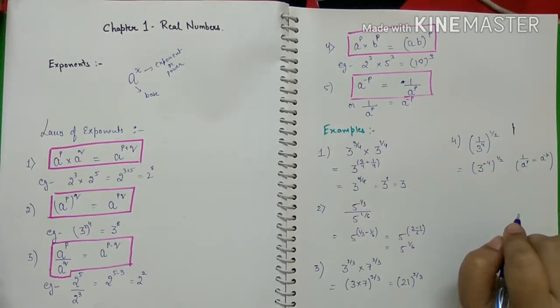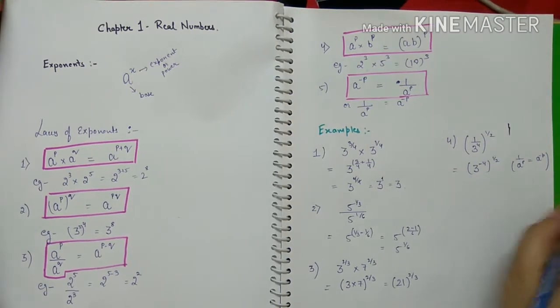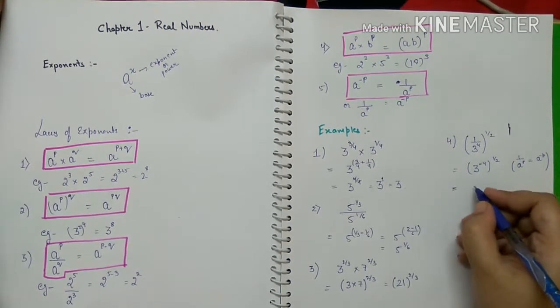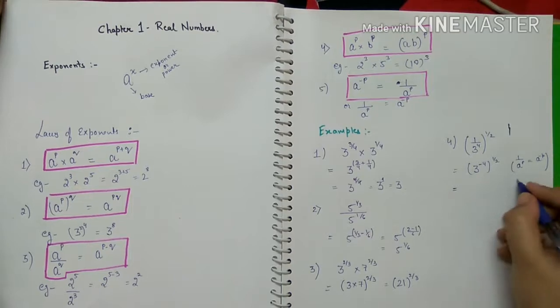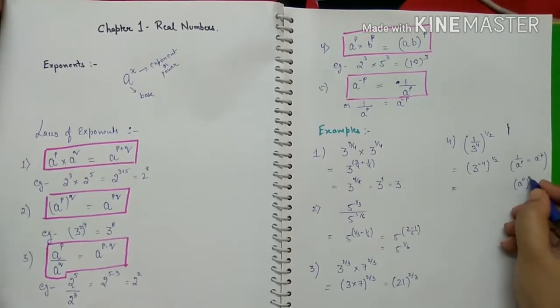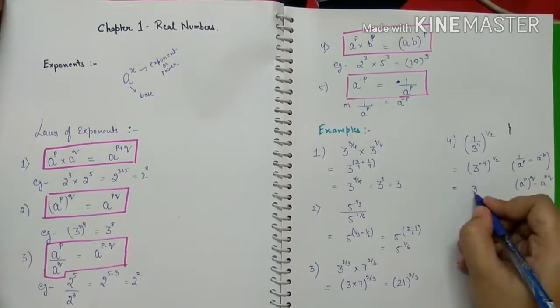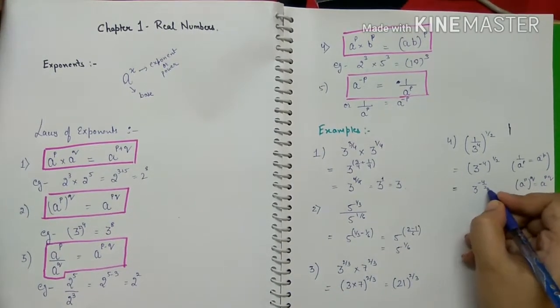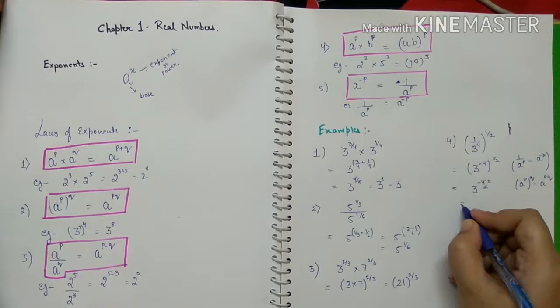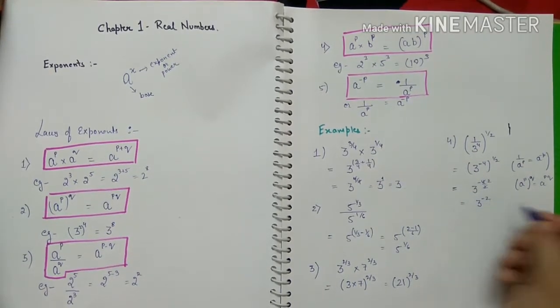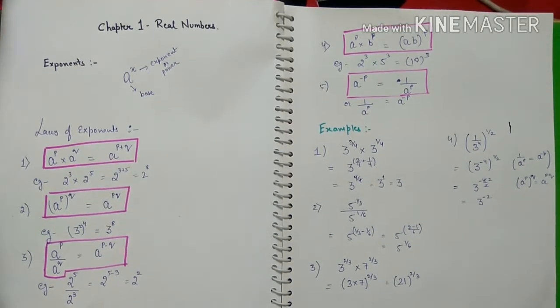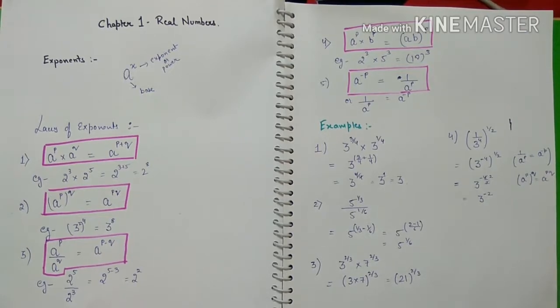Again, if you see, we can use the second law here, which says that a raised to power p whole raised to power q is equal to a raised to power pq. So here it becomes 3 raised to power minus 4 upon 2. Here the powers get cancelled and the answer left is 3 raised to power minus 2. So you can see that we can also combine two laws to solve our real numbers.